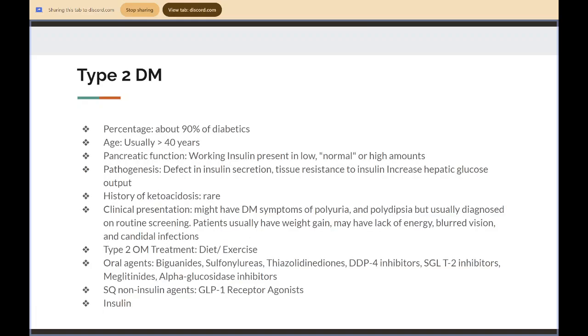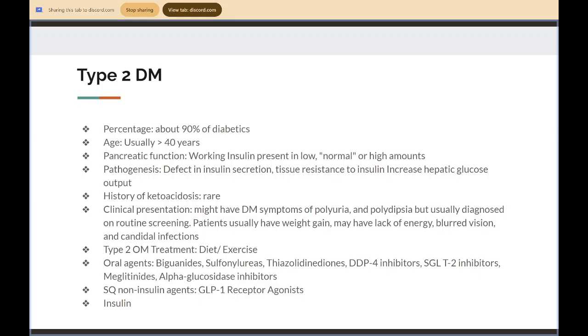So, type 2 diabetes is about 90% of diabetics. Usually we see it in patients greater than 40 years. Pancreatic function is working. Insulin is present in low, normal, or high amounts. Now, what do I mean by that? Your body can have reduced sensitivity to the insulin that your own body is producing.